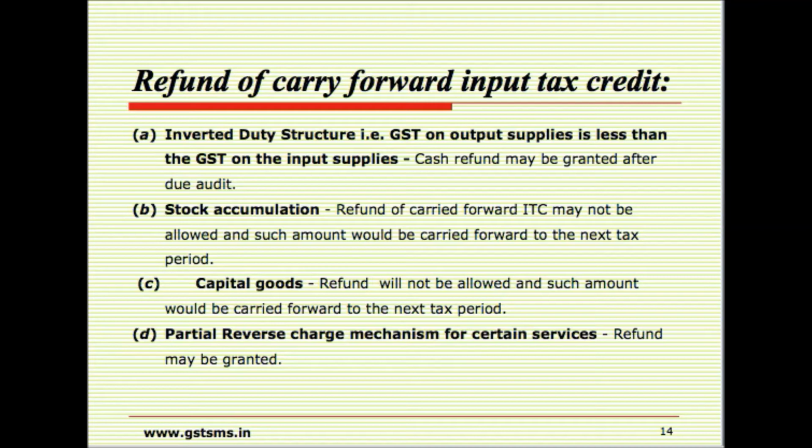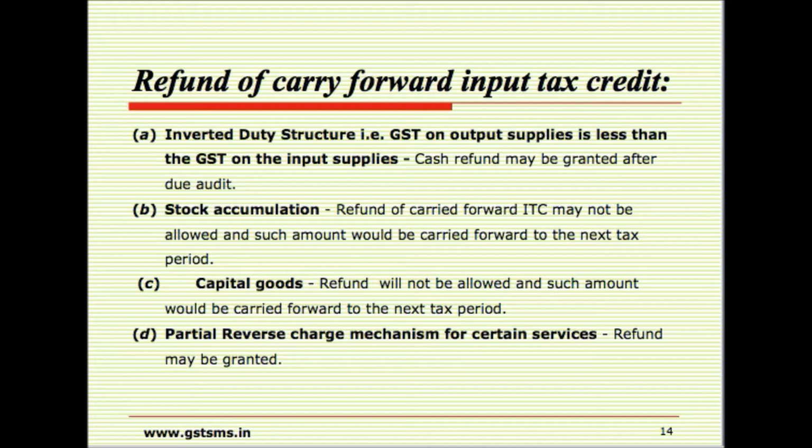If the rate of tax on these inputs is 15%, then there will always be a carry forward of ITC to the extent of 10%. Although cash refunds would be granted after due audit, the Government of India is still trying to reduce such situations in the country.